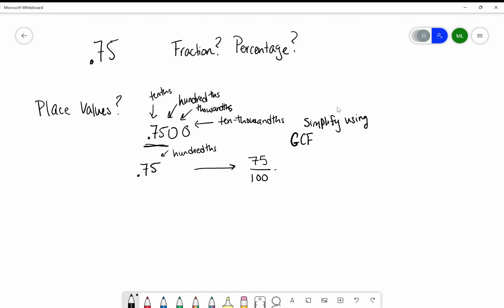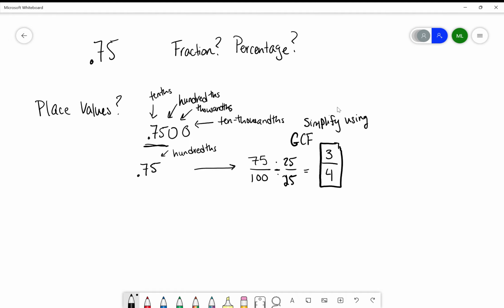It's 25. So I will divide by 25. I encourage you to review your multiplication tables. So 75 divided by 25 is 3, and 100 divided by 25 is 4. And this is the simplest it can be. If you already know you used the greatest common factor, then you're pretty much set to go. So this would be your final answer for the fraction part.